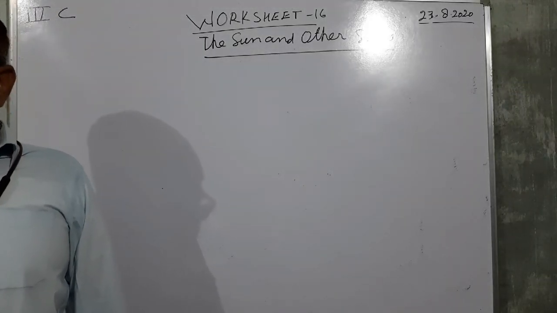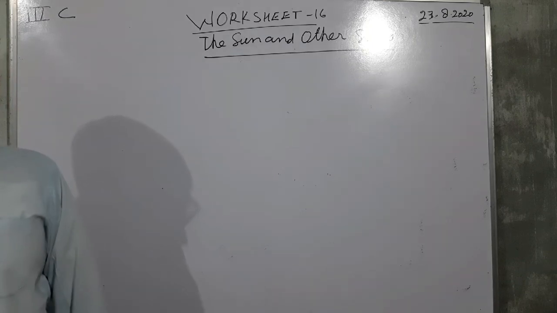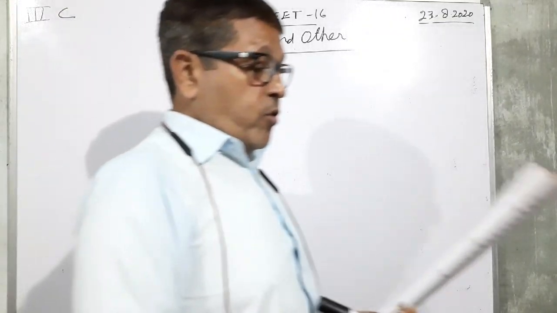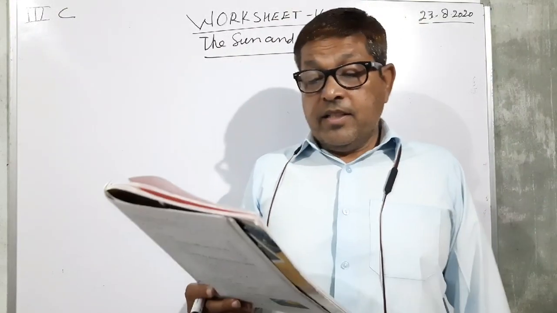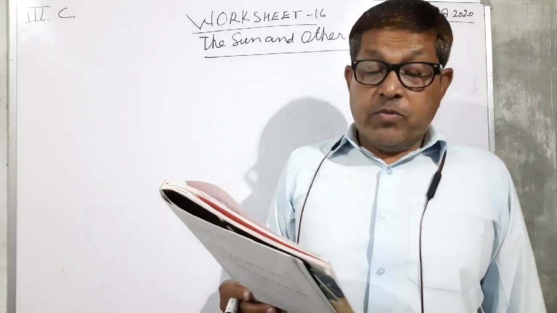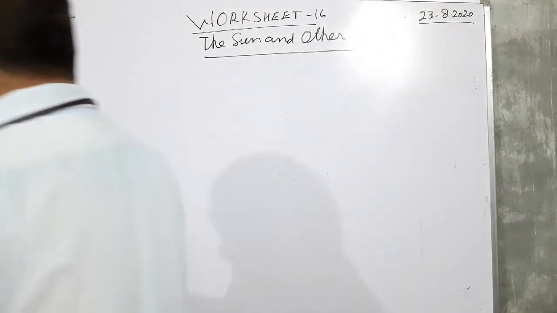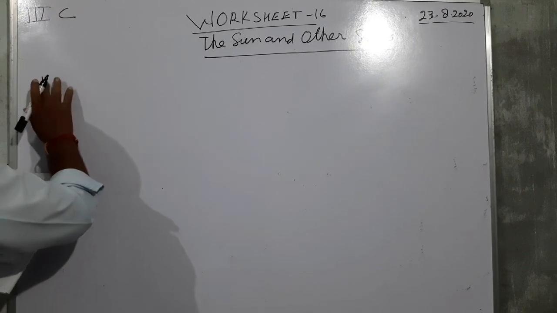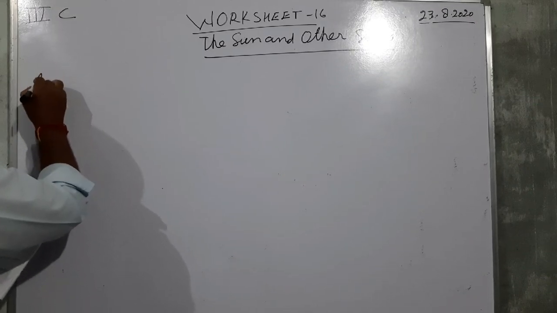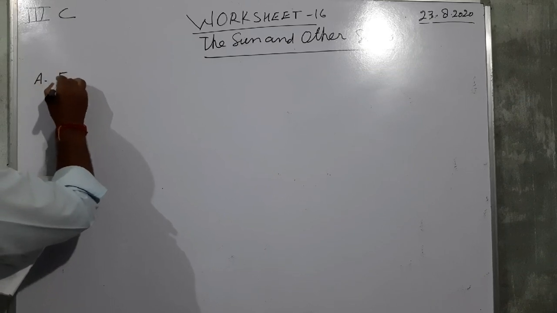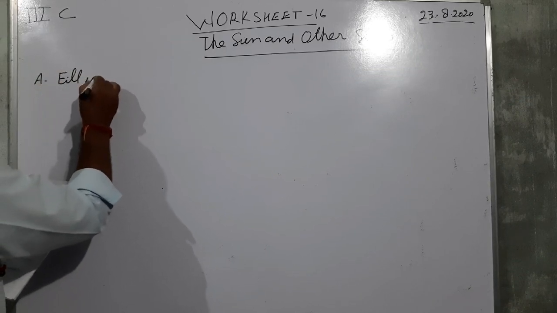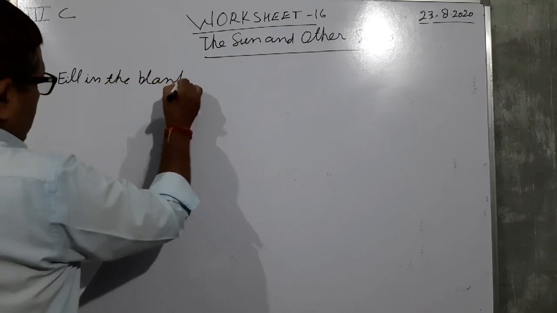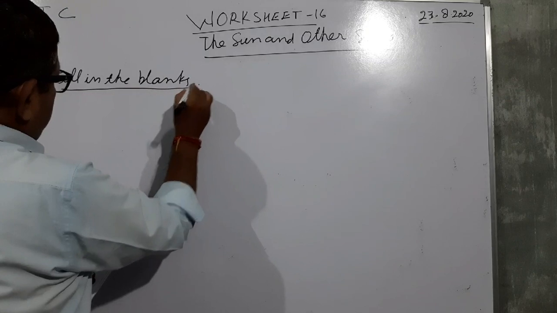The Mercury is the closest star to us. So you have to fill here. So first you have to fill Mercury. A. Fill in the blanks.